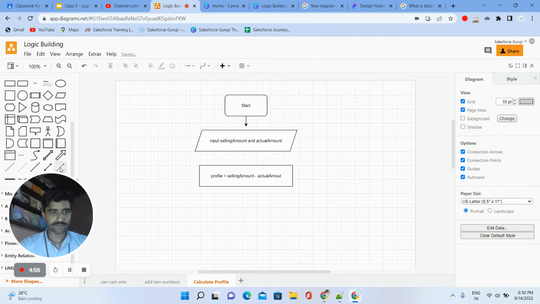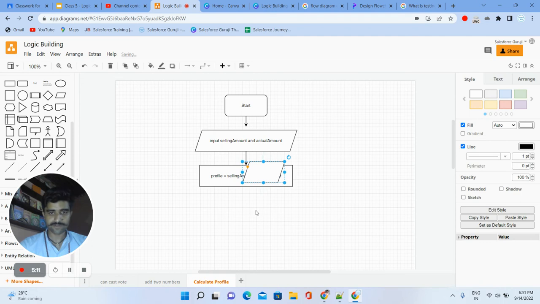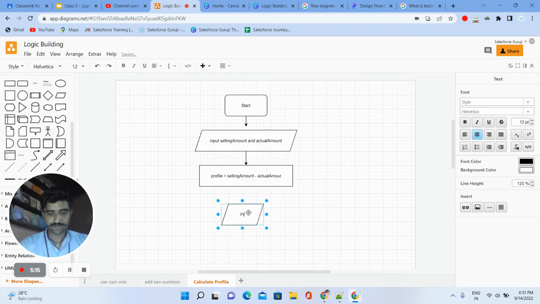Now let's connect these two things. Connected. Now we want to print it, so we can put one output. We want to print our profit. This profit only we need to print.